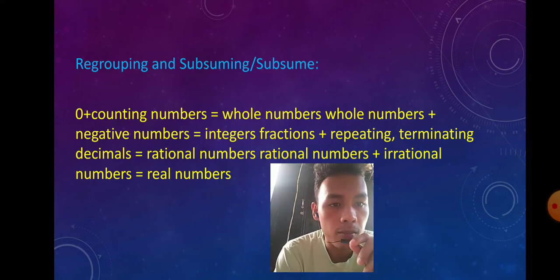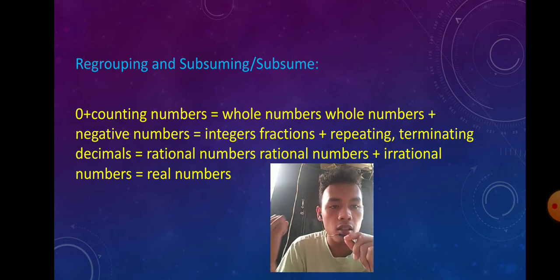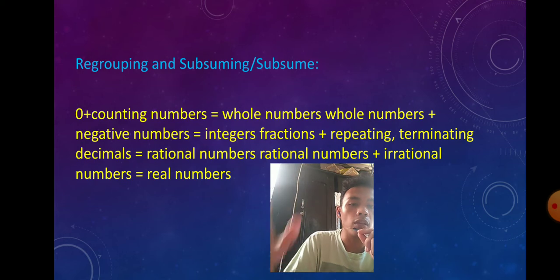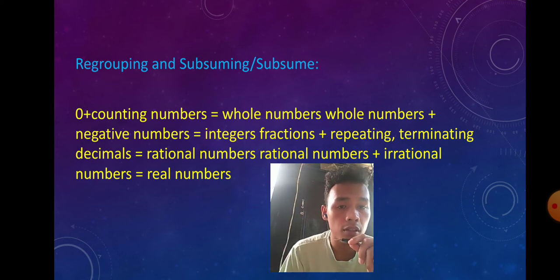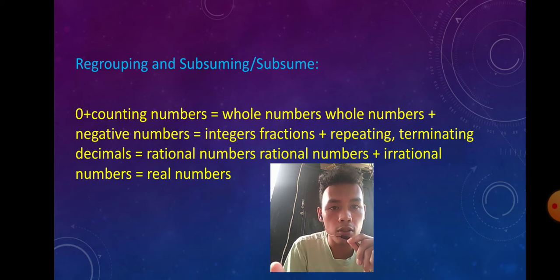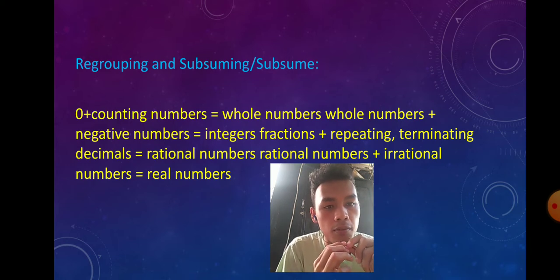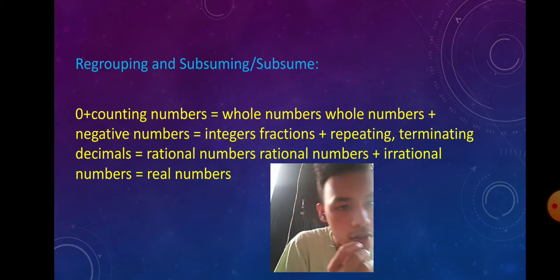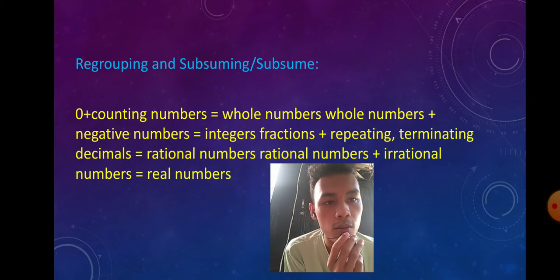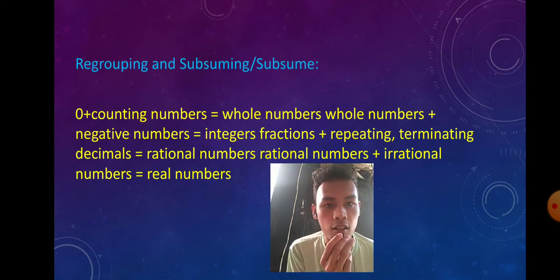It starts with zero, then counting numbers like 1, 2, 3, 4 and 200 or more. Zero added to the counting numbers is equal to whole numbers, because as the definition of whole numbers, it starts with zero up to infinity. That is counting whole numbers.